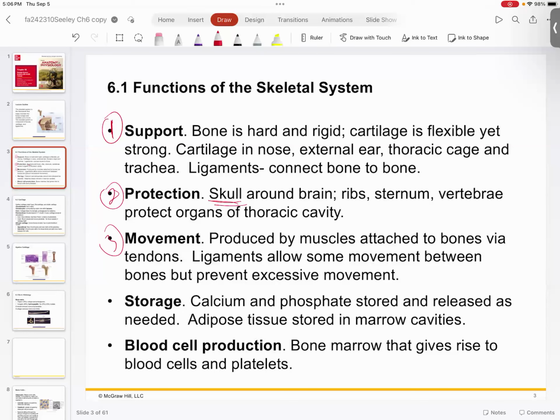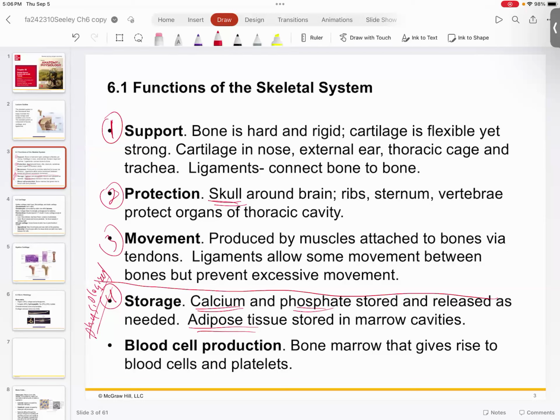The ones that we typically don't think of in terms of bone are what I call the physiological functions. For instance, bone is our main storage area for calcium, which we need, and also phosphate. We also have adipose tissue, some fat. It's not our main fat reserve, obviously, but we do have some fat storage in our bone marrow.